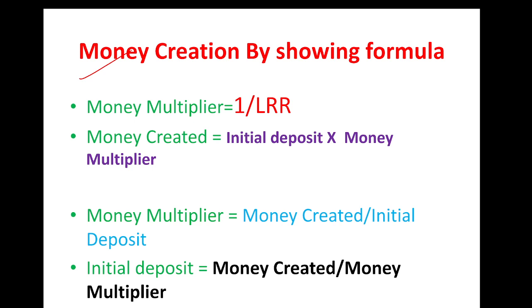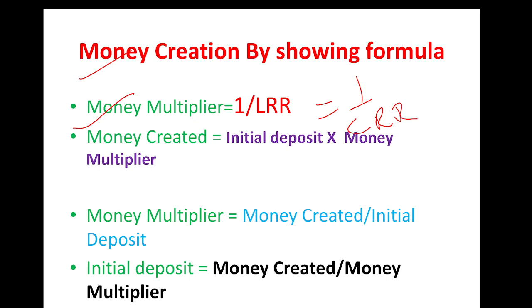You know that before money creation, RBI set down some guidelines. That is the money multiplier, that is the LRR, and etc. So if LRR, legal reserve ratio, is given, then you can find out money multiplier as 1 by LRR. In some books, 1 by CRR has also been written.